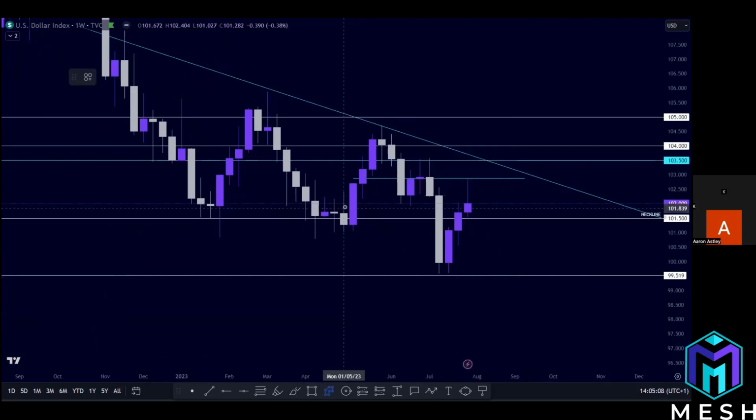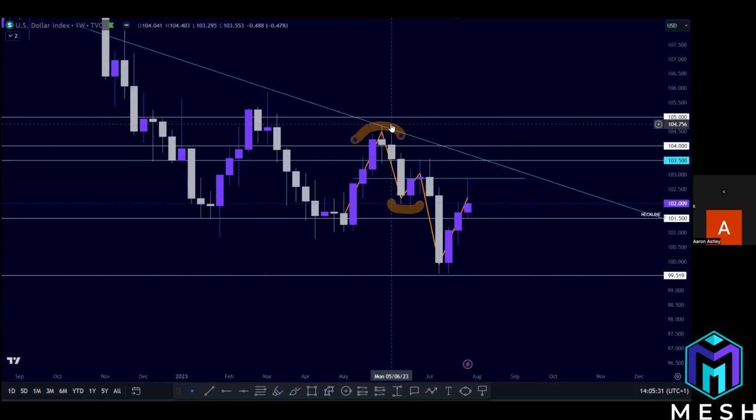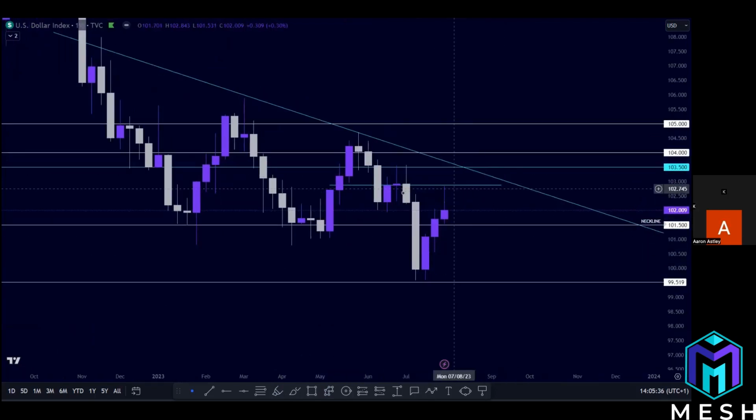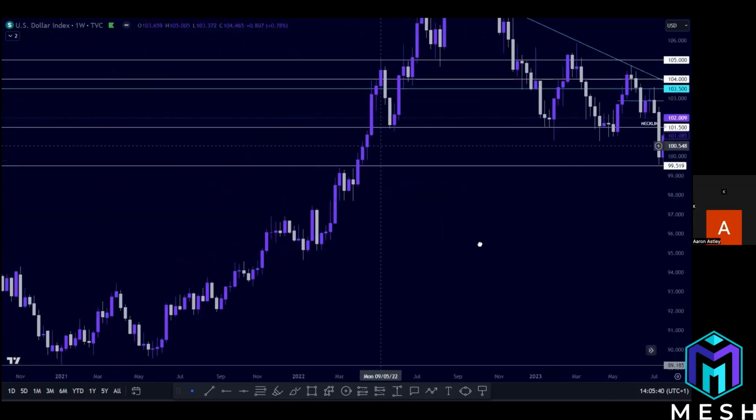Once again, you see price has started making these lower lows and lower highs. So we got this swing high, and then this lower high, lower low, lower high, and now it looks as though we're starting to create this lower high before breaking down through this 101,500 area. As mentioned on previous records as well, guys, if we do get confirmation of a break below this 101,500 area, we could potentially see quite a move to the downside.